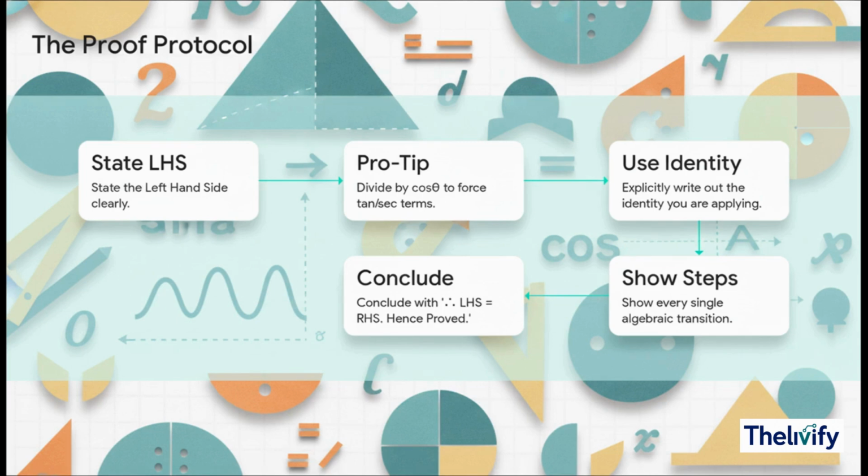This elegantly forces the whole expression into tangent and secant terms, which unlocks your entire identity suite. Step 3, explicitly write down the formula you're using in brackets on the right side of the page. Step 4, do not skip algebra steps in your head. Show every single transition. And Step 5, conclude proudly with the undeniable statement, therefore, LHS equals RHS, hence proved.